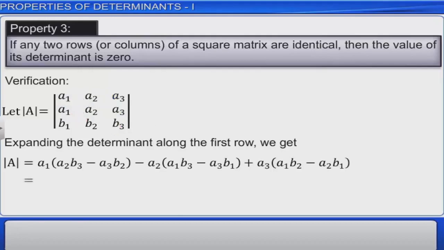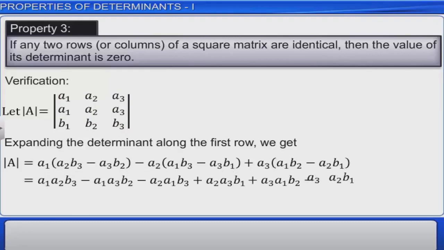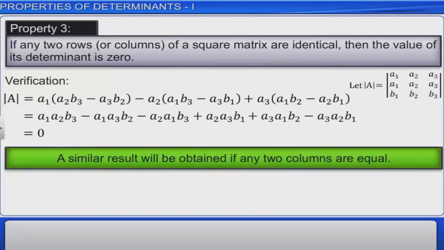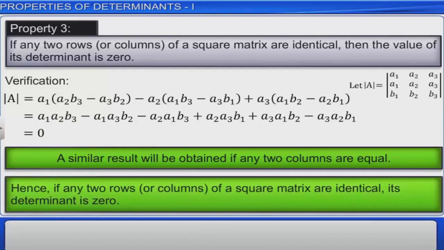On simplifying, we get the determinant of matrix A is equal to 0. Similarly, the determinant of matrix A is 0 if any two columns are equal. Hence, if any two rows or columns of a square matrix are identical, its determinant is 0.